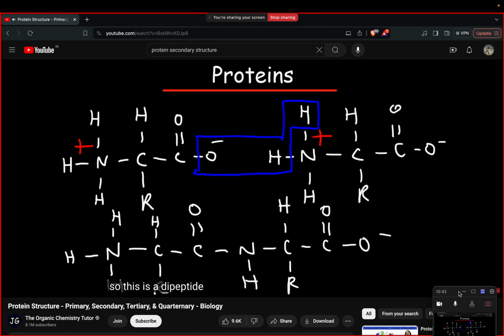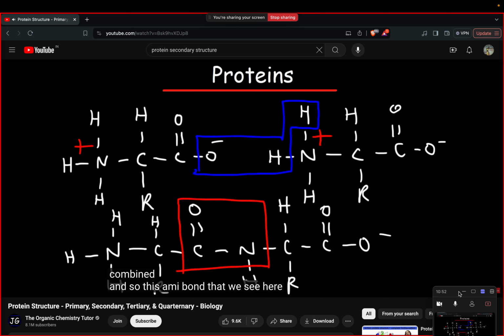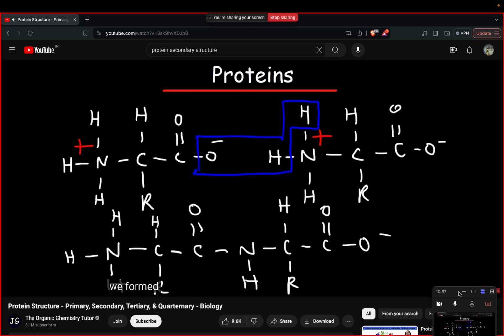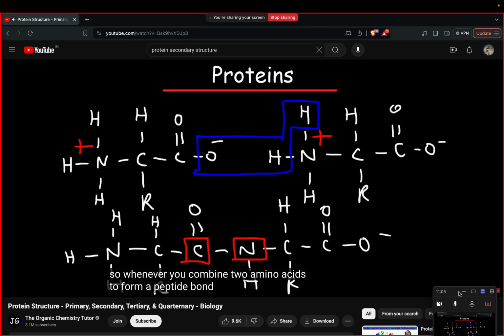So this is a dipeptide because we have two amino acids combined. And this amide bond that we see here, that is the peptide bond. We formed a bond between the carbon and the nitrogen atom. So whenever you combine two amino acids to form a peptide bond, you're forming a covalent bond, which is hard to break.